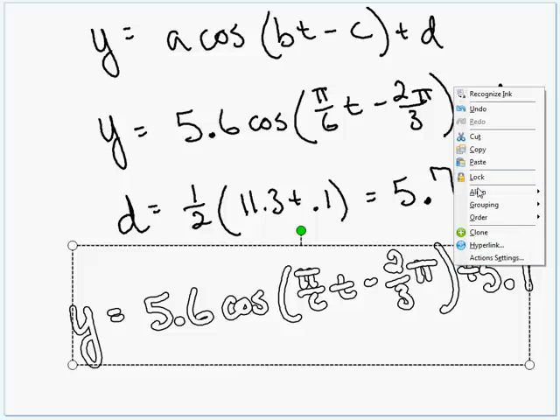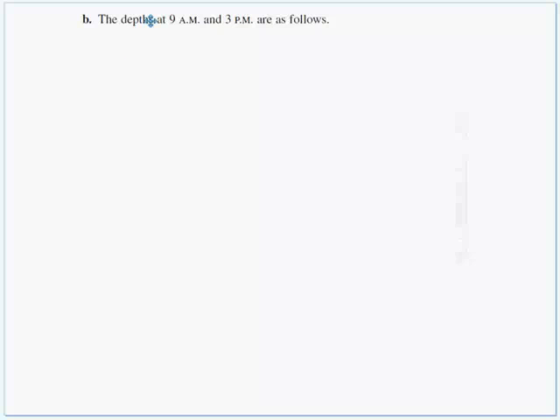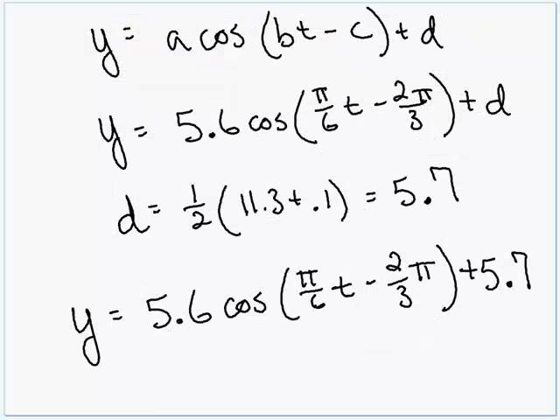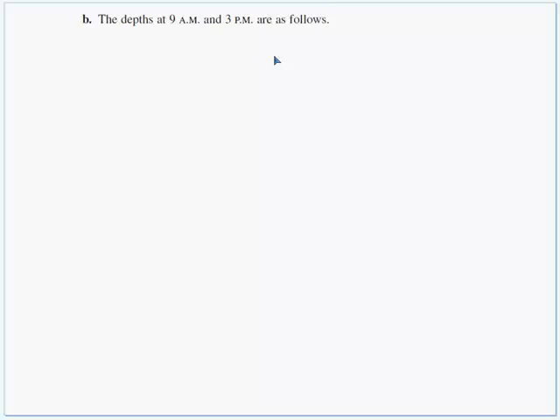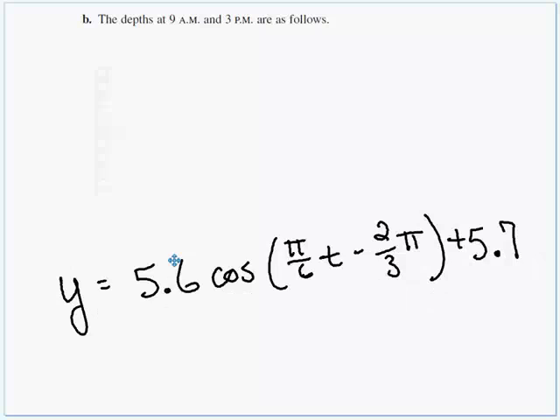Now that we have a trig function that models our data very well, we can use that now to make predictions. If we look back on our original chart, we only had the depths at the even hours, 2, 4, 6, 8, 10. We can use this data to make predictions about the times that occur in between or at any time in the future.